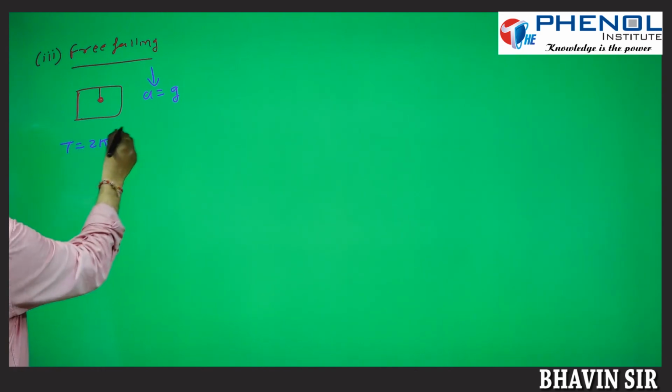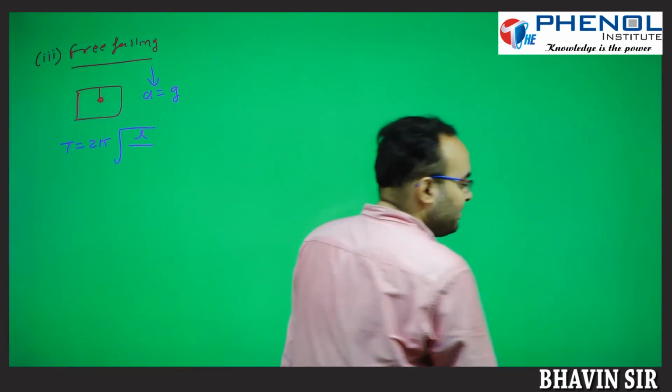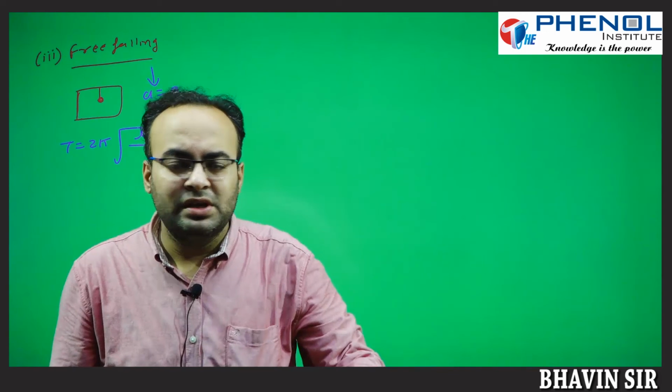So what is the time period? See, if the lift is moving downward, the formula is 2 pi root L by g minus a.